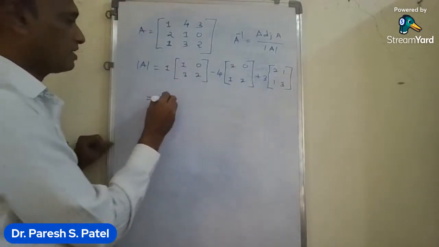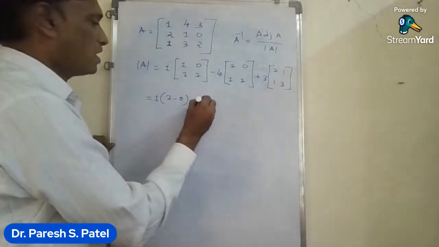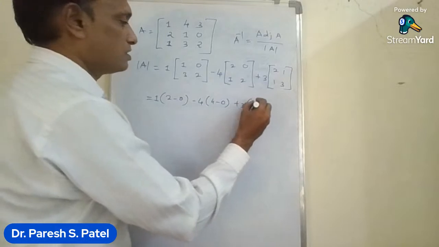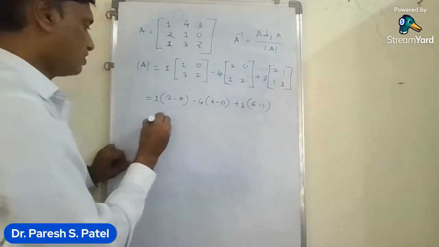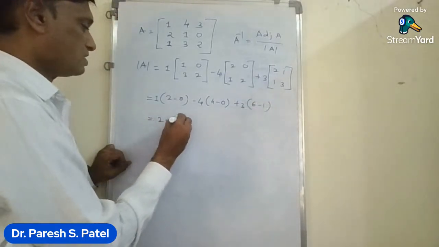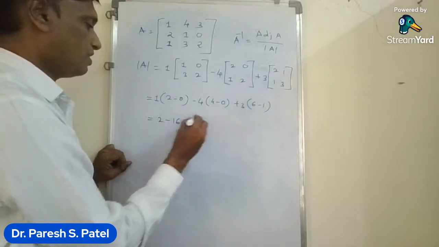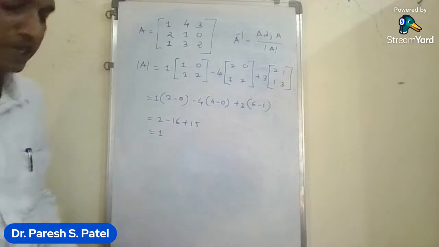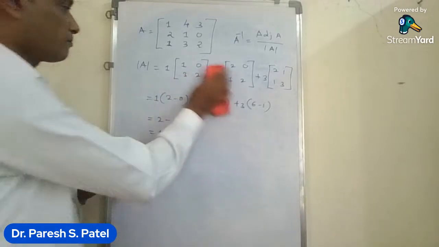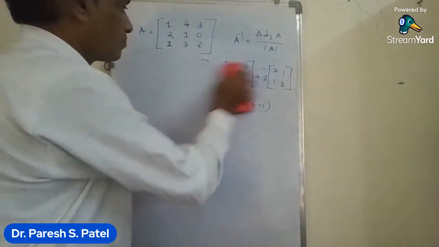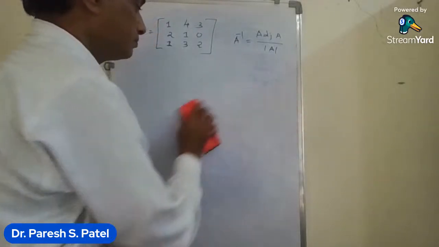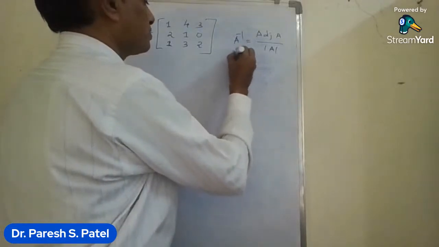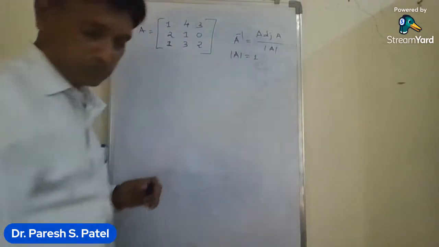These are two-dimensional matrices. So 2 minus 0, minus 4 times (4 minus 0), plus 3 times (6 minus 1), is equal to 2 minus 16 plus 15, which is equal to 1. So the determinant of this three-dimensional matrix is equal to 1.